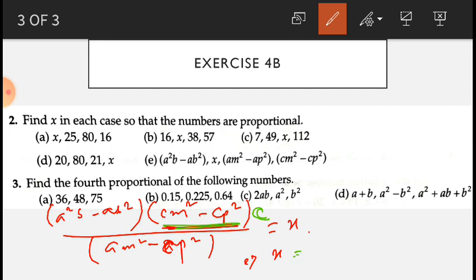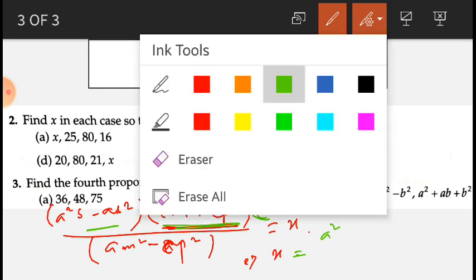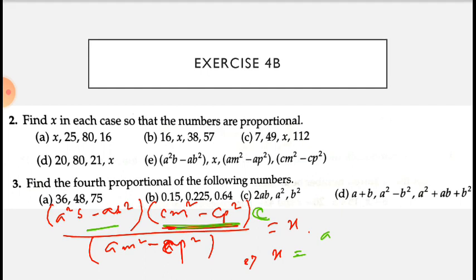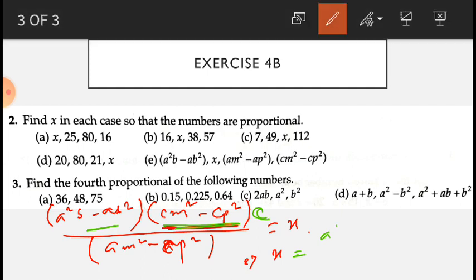So I write this here: a square b minus ab square, taking common ab, that will be a minus b.